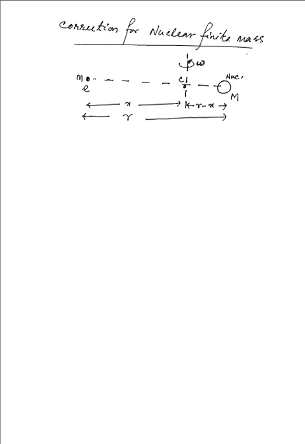Now, with the center of mass consideration, we have the moments of mass to be equal, because that's the way center of mass works. So this is the moment of mass of the electron about the point C, and the moment of mass for the nucleus about the point C. So we have the value x to be equal to M times r divided by M plus m.